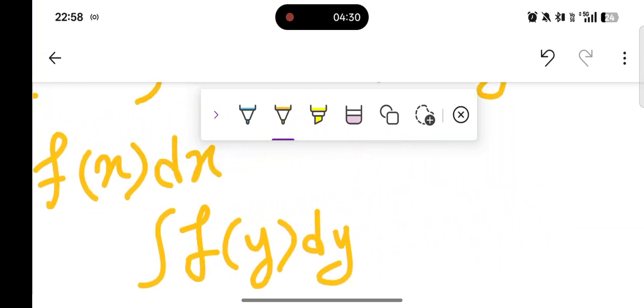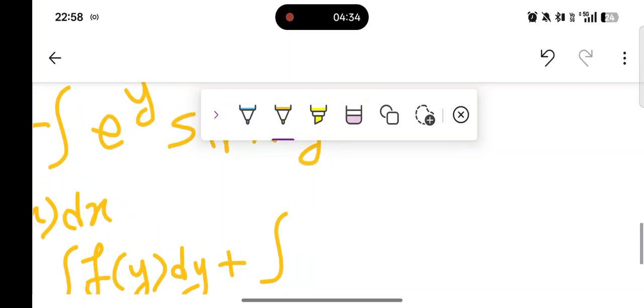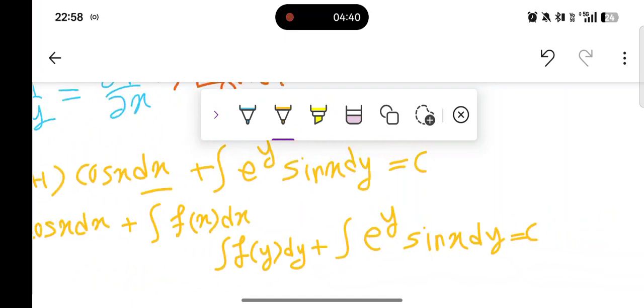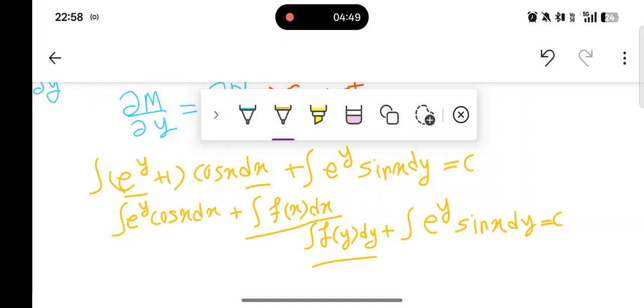I'm just telling you the approach of solving this kind of integration. Well, this is e to the power y, this is sin x dy equal to c. Hopefully it is visible to you. I am saying you have to separate these functions with dx and with dy so that you can easily solve it without any hesitation.